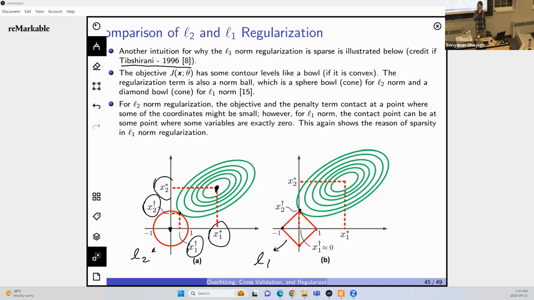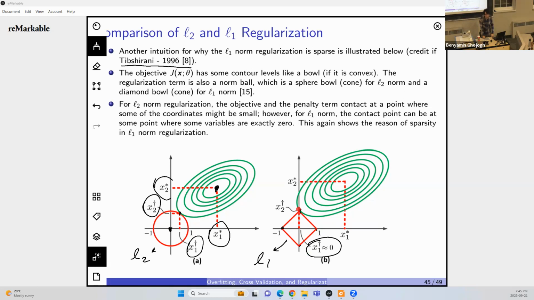In 3D, it becomes like 2 pyramids back to back, so 6 corners. Increase the dimensionality: you can't visualize it, you need to imagine it. It will have a lot of sharp edges. When you bring the balloon next to it, it will probably touch some of the sharp edges. And interestingly, when it touches a sharp corner, many of the other elements become exactly 0.